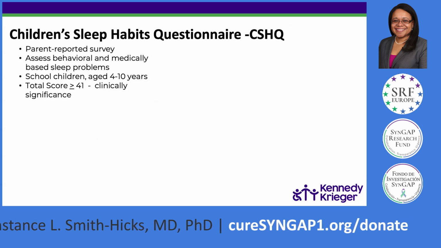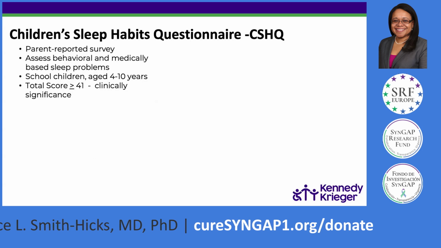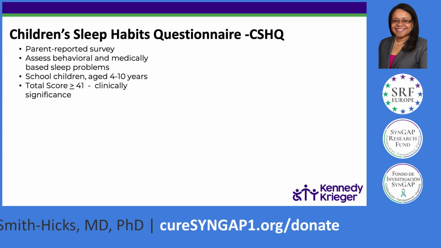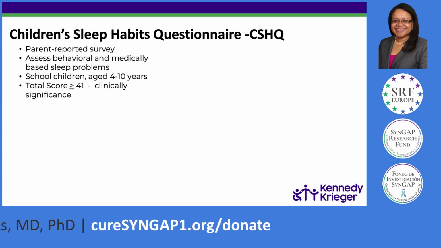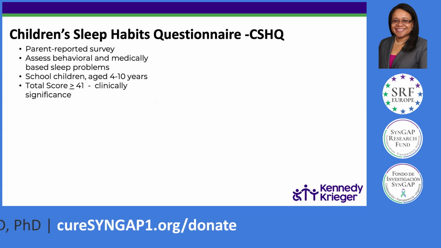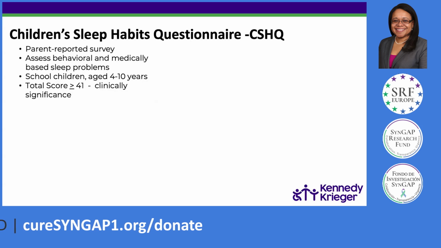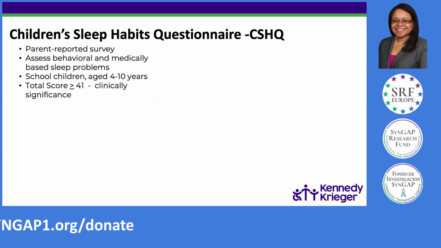So, using the Children's Sleep Habits Questionnaire to evaluate sleep in this population, the CHSQ is a parent-reported questionnaire. It assesses both behavioral and medical-based sleep problems. It's well validated for typically developing individuals between the ages of 4 and 10, but it's used extensively to evaluate sleep in individuals with neurodevelopmental disorders.